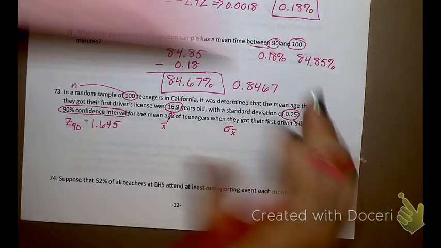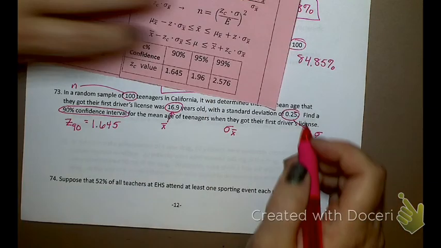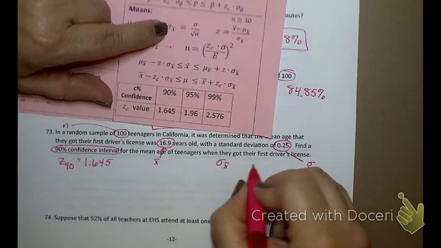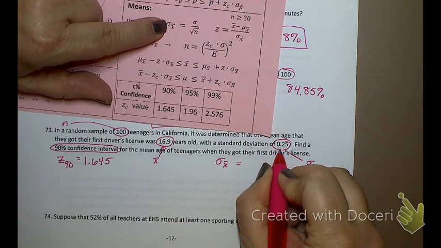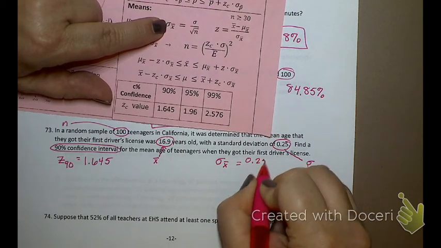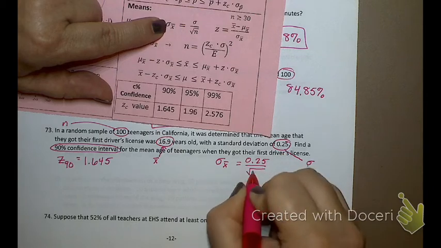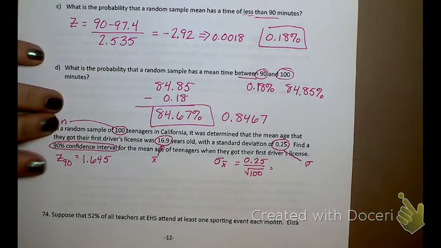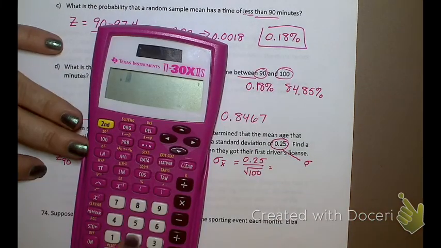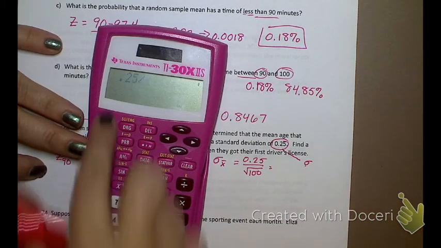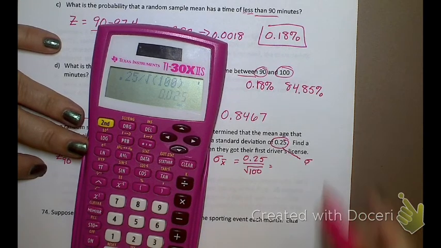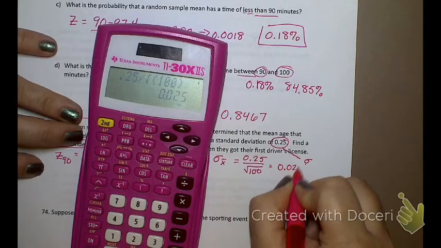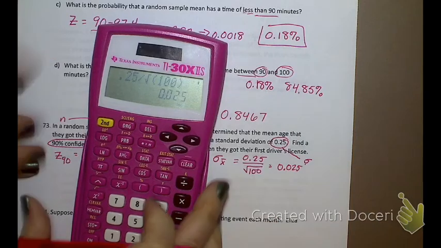From my sheet over here, sigma sub X bar is equal to the standard deviation, 0.25, over the square root of 100. And when I do that, 0.25 divided by the square root of 100, which we know is 10, I get 0.025.